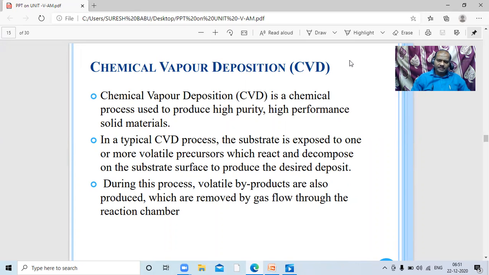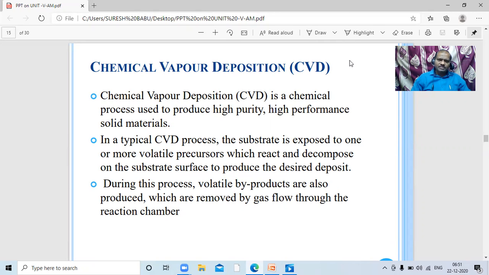In a typical CVD process, the substrate is exposed to one or more volatile precursors which react and decompose on the substrate surface to produce the desired deposit.